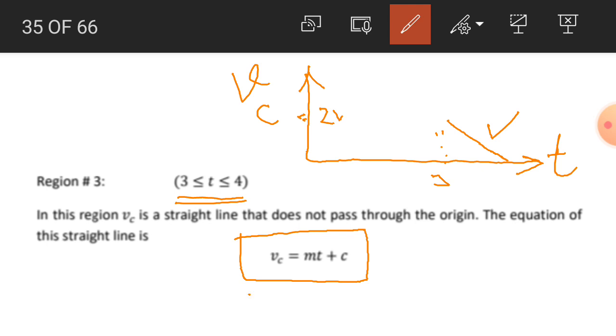The equation of the straight line which does not pass through the origin will be equal to mt plus c, where m is known as the slope of the straight line and c is known as y-intercept. So we will have to calculate the slope of this line as well as the y-intercept.